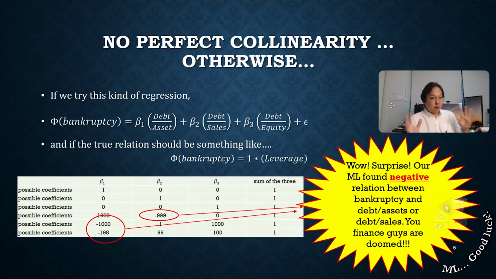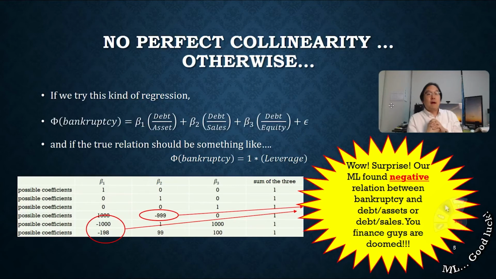For example, they throw in debt over asset, debt over sales, and debt over equity simply because they have it in their matrix. Let's just throw it in and see what best predicts bankruptcy. What's the trouble? Multicollinearity happens, and then the regression result will be screwy.